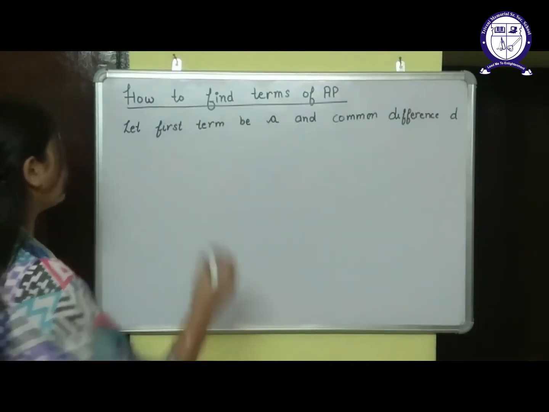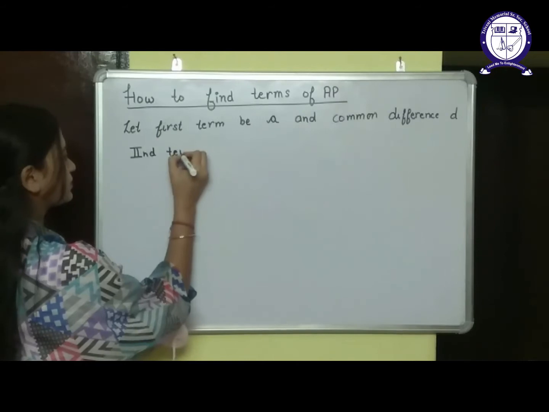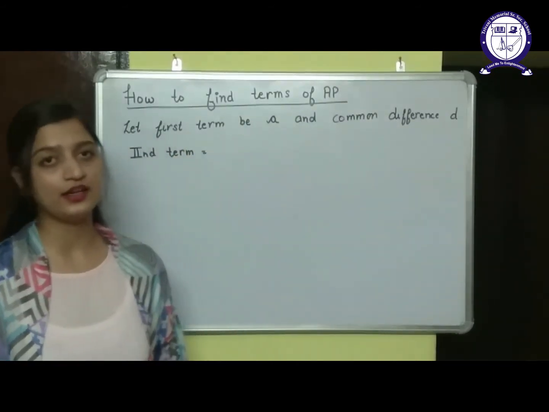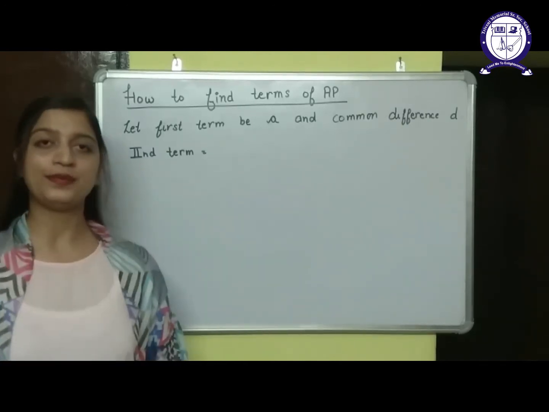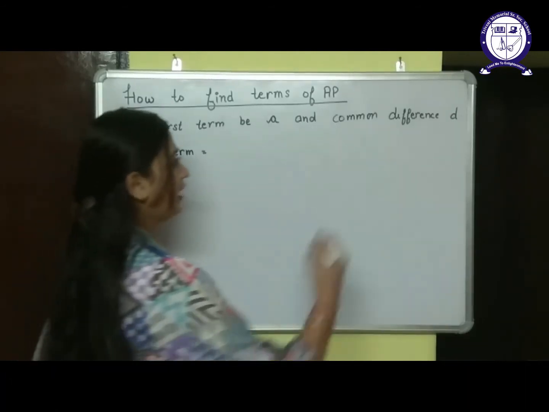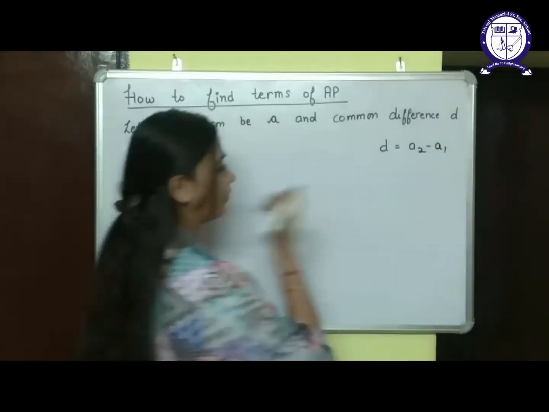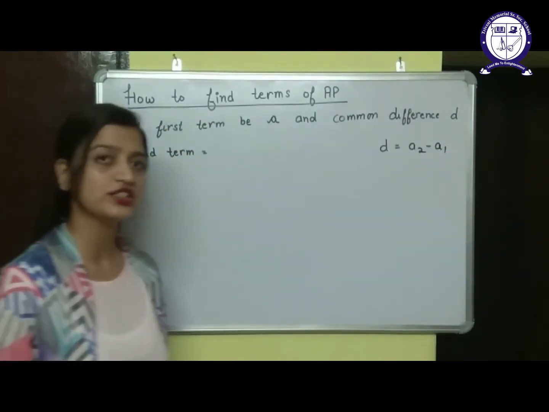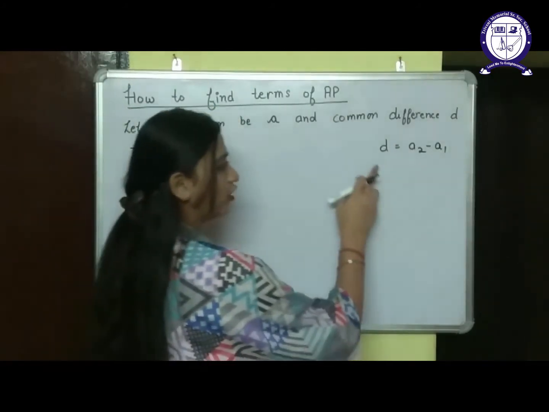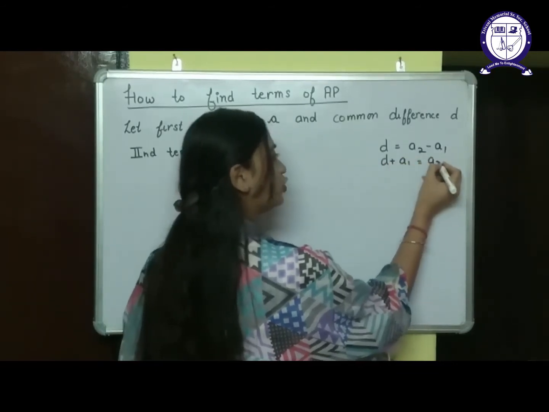Now suppose we need to find the second term. Okay, now what is my second term? If I think about the AP's definition, D is my A2 minus A1, right? D is my A2 minus A1. That is second term minus first term, it will be my D. So if I take this A1 on this side, then D plus A1 will be my A2.